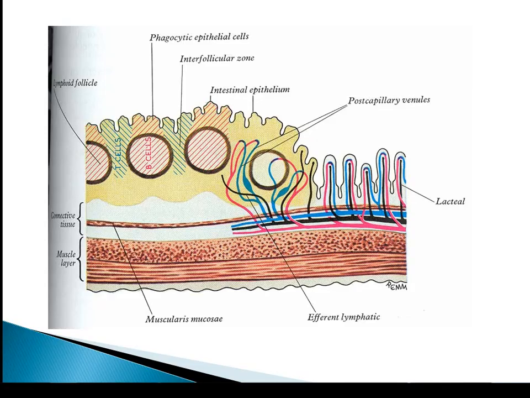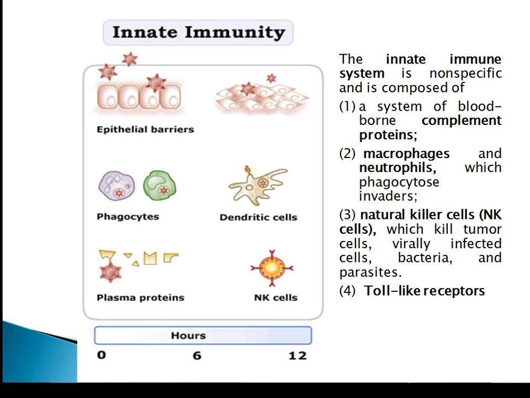In the innate immune response, the main components are complement proteins, macrophages, neutrophils, natural killer cells, and toll-like receptors. The macrophage cells or dendritic cells have receptors for the Fc fragments of antibodies, and also complement receptors.